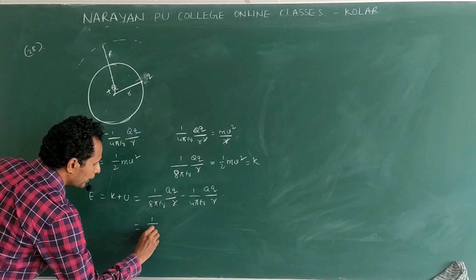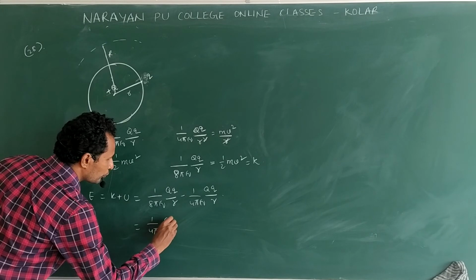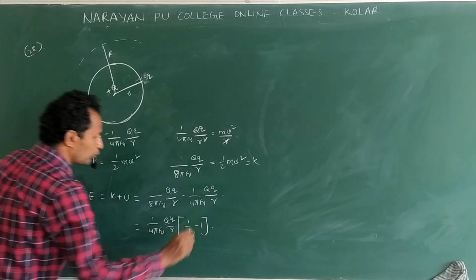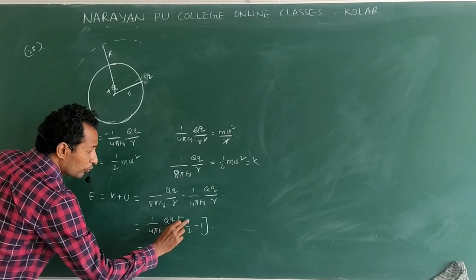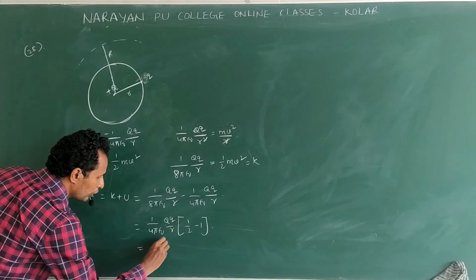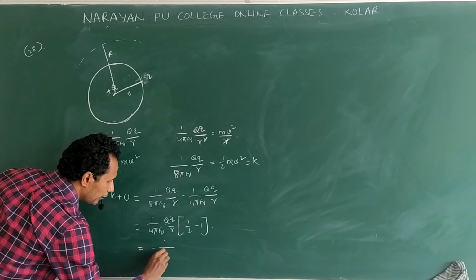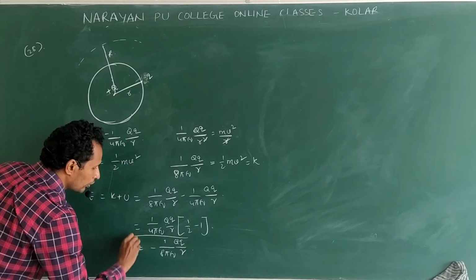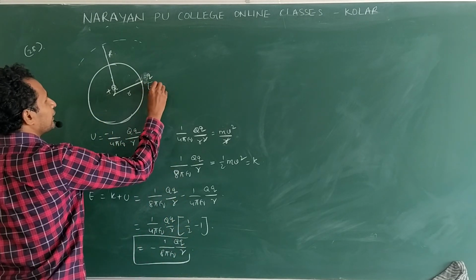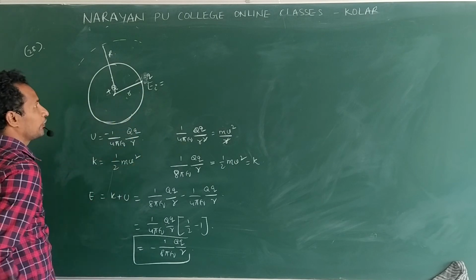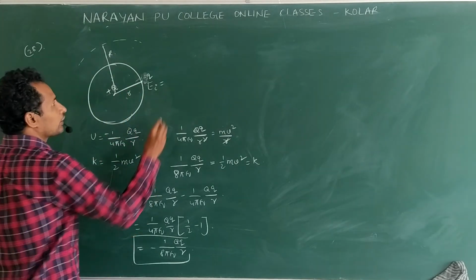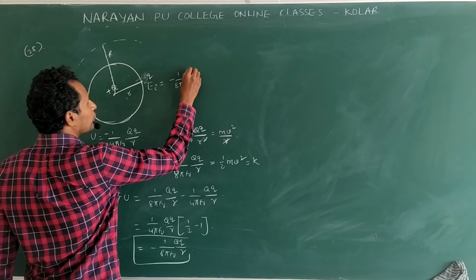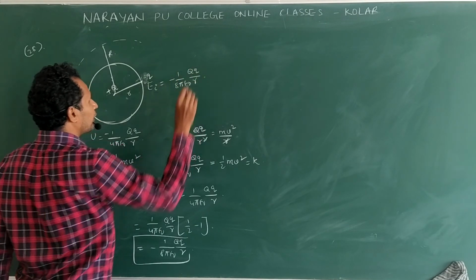So if you take 1 by 4 pi epsilon naught q by r common, we have 1 by 2 minus 1, which gives minus 1 by 8 pi epsilon naught q by r. Clear? This is the initial energy when the charge is at orbit r: the energy is minus q by 8 pi epsilon naught r.